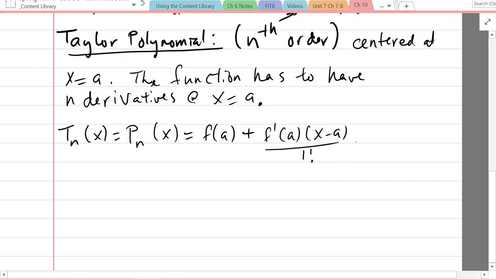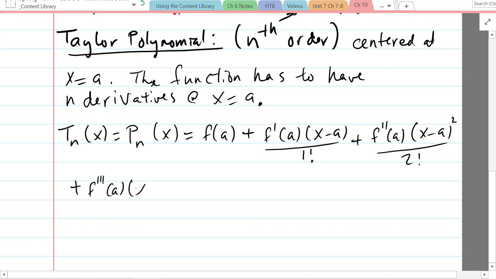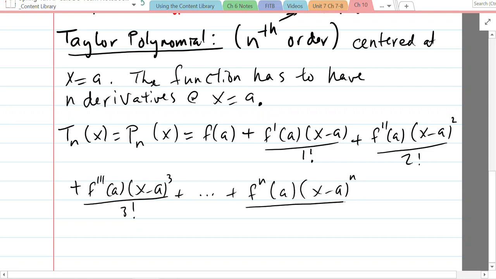Then plus the second derivative at a times x minus a squared over 2 factorial, plus the third derivative at a times x minus a cubed over 3 factorial, plus dot dot dot, plus the nth order, so f nth derivative at a times x minus a to the nth power over n factorial.